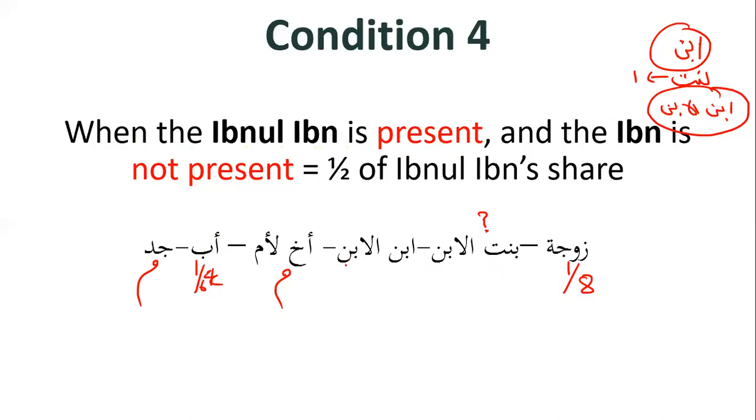Is the Ibnul Ibn present? Yes. So if the Ibnul Ibn is present, we draw a line and we write Ayn for Asaba, meaning these two together will become Asaba. And later on in the series, when we do learn how to divide the actual wealth, then the Bintul Ibn will receive half of what the Ibnul Ibn receives.